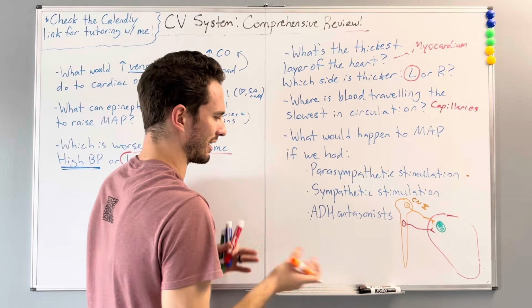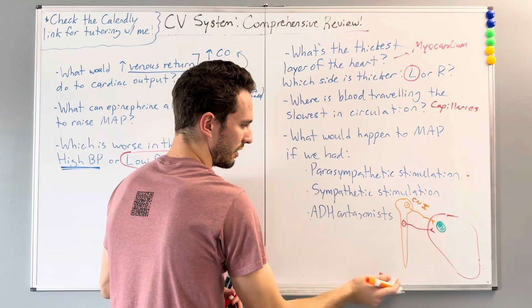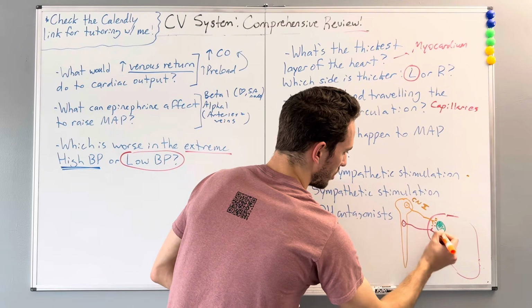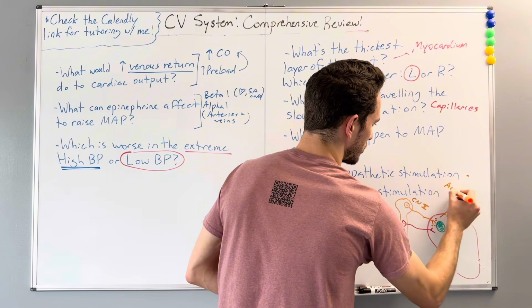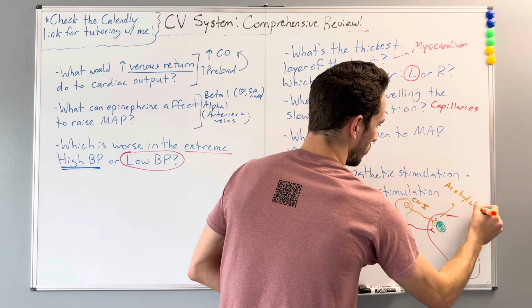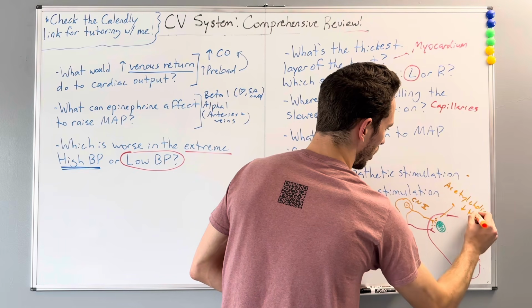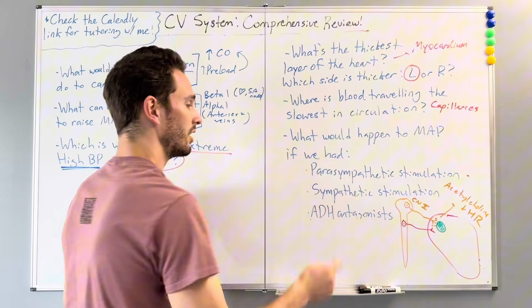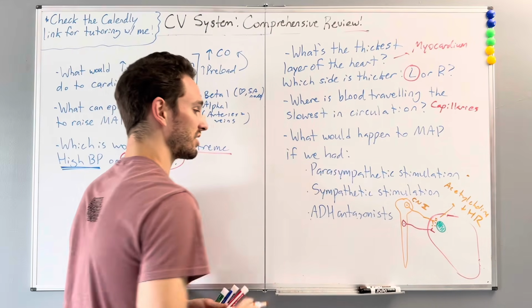So you got to go back to that calculation. Now, the parasympathetic neuron, the vagus nerve, is going to send inhibitory neurotransmitters. In this case, this is acetylcholine. It will actually decrease the heart rate by basically inhibiting the SA node, therefore basically inhibiting MAP, decreasing mean arterial pressure.